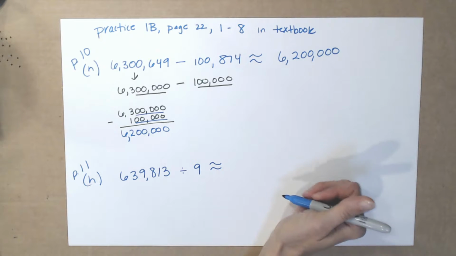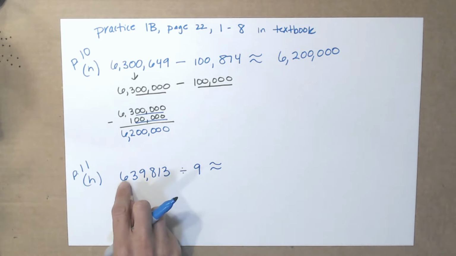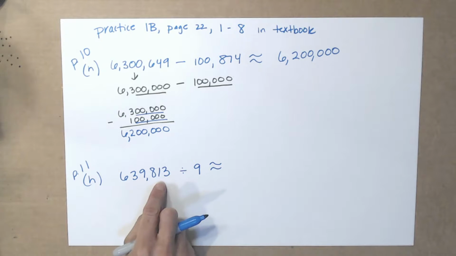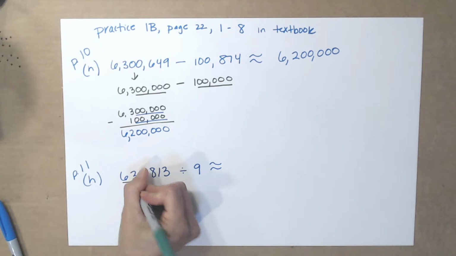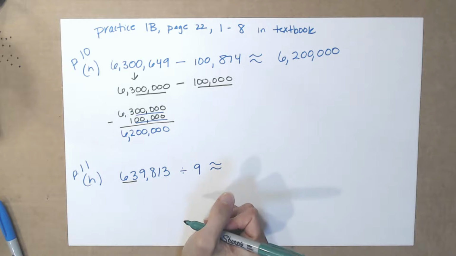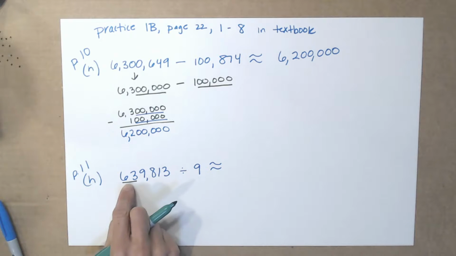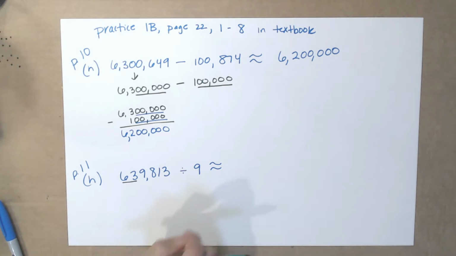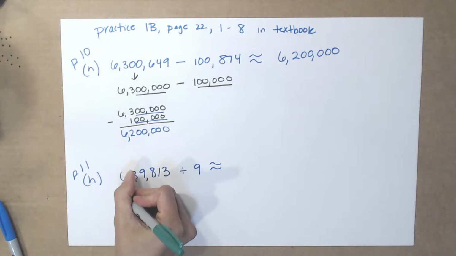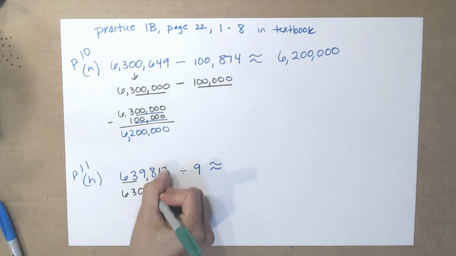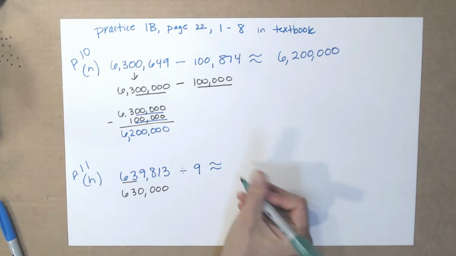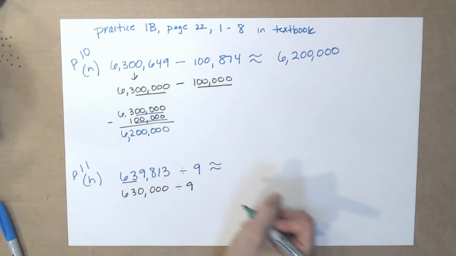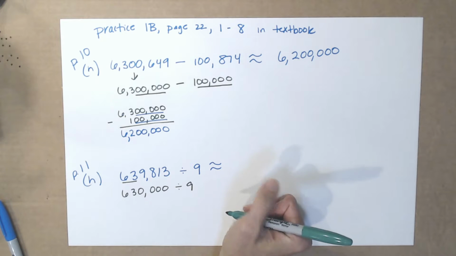So now with division, you want to approximate this number to something that's easily divisible by 9. And when I look at this, I see a 63, and 63 is a multiple of 9. So 63 is easily divisible by 9. So if I just approximate this number to this, 630,000, now I have something that is easily divisible by 9.